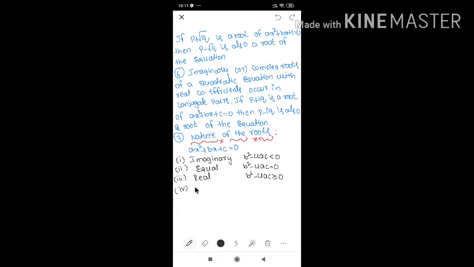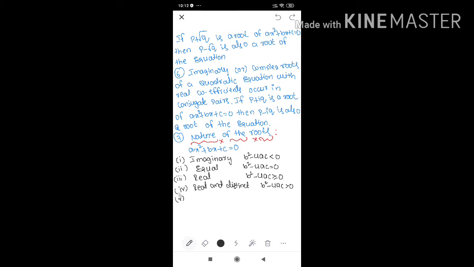Fourth point, real and distinct: b square minus 4ac strictly greater than 0.